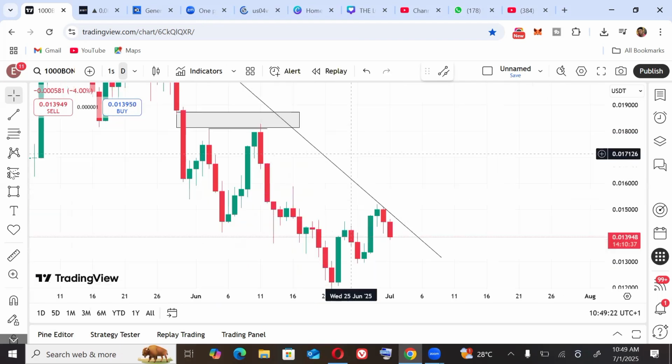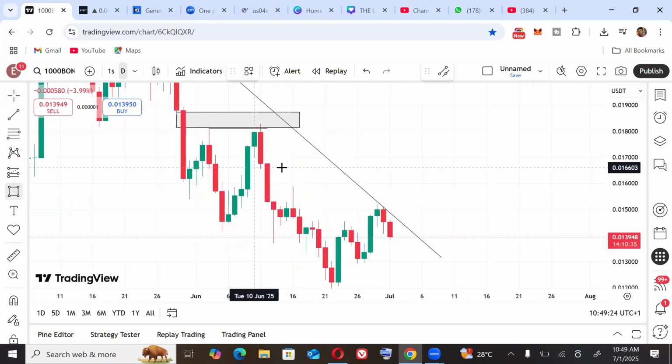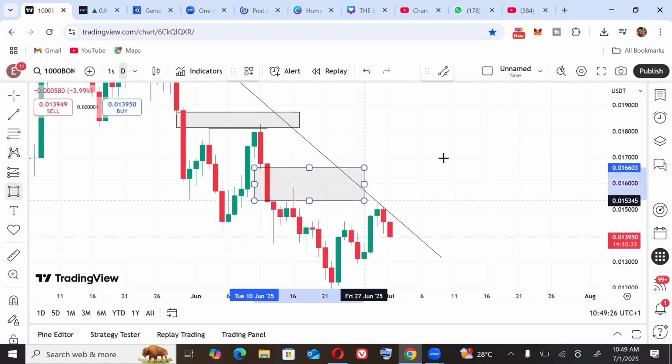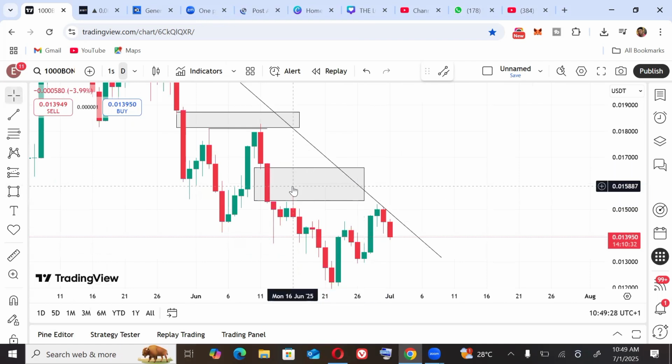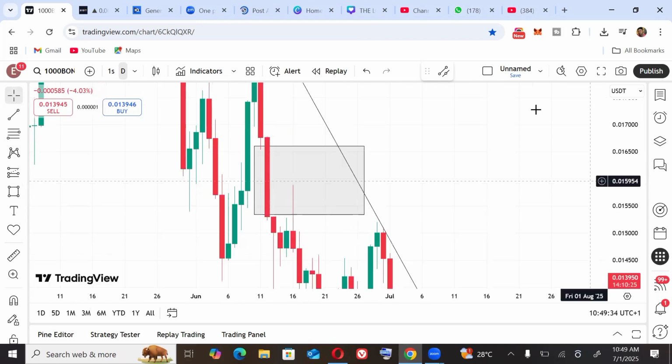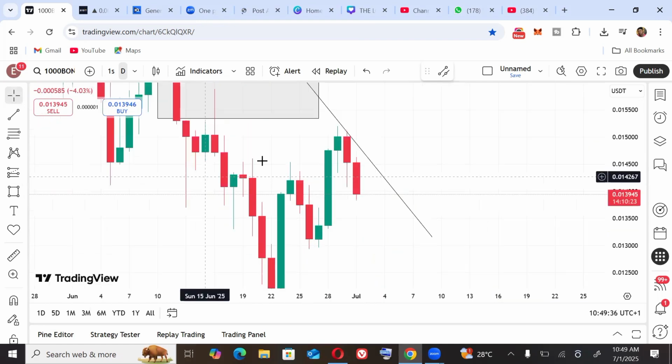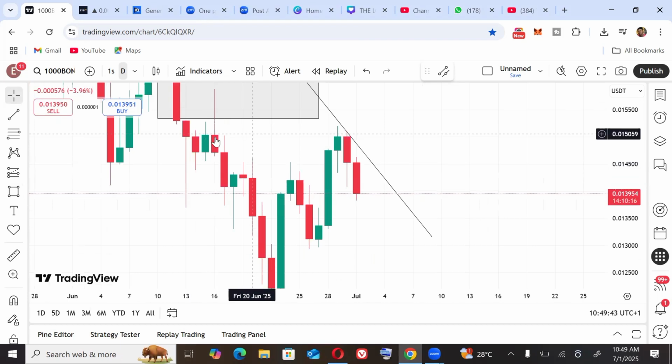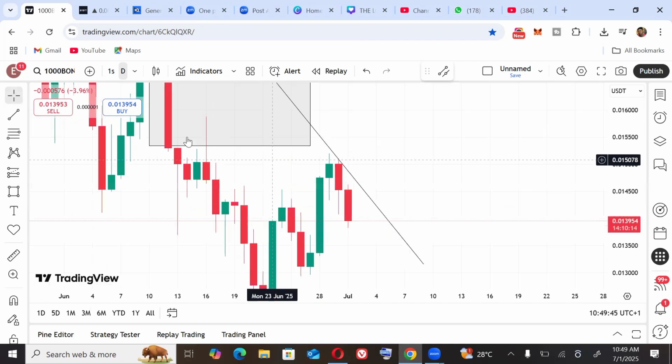Now, we can also see price reacting from this fair value gap here again, which is here. Now, price has come back into a fair value gap. Now, where is the fair value gap? Let's illustrate this. Price has come into what? A fair value gap here.